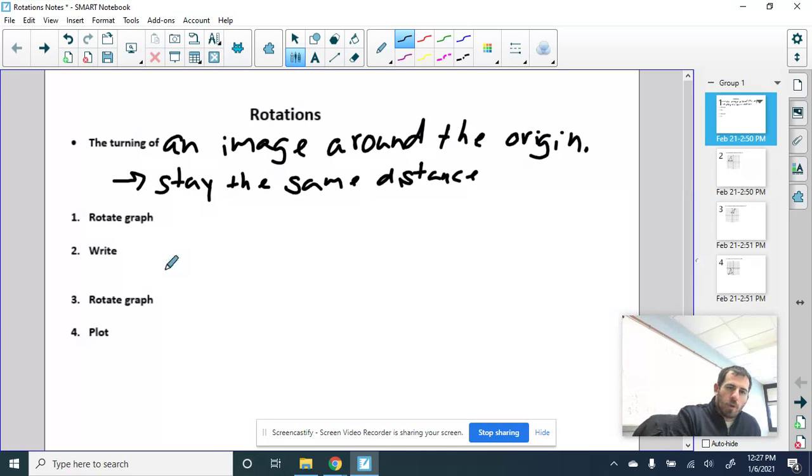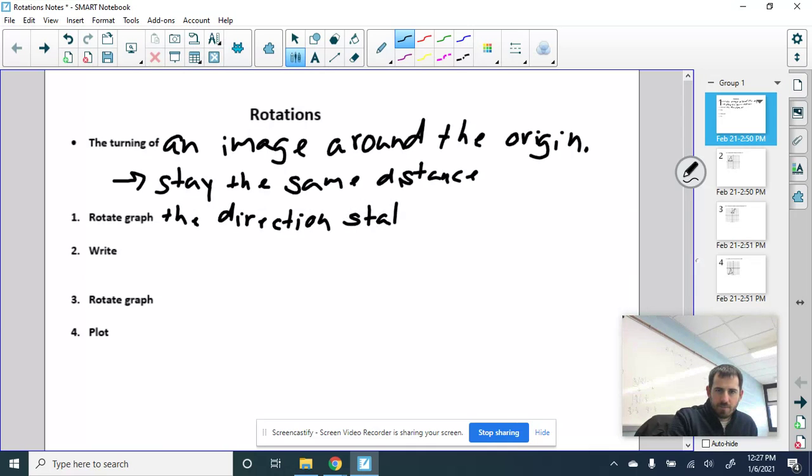So step 1 is to rotate the graph in the direction stated. So if it says rotate 90 degrees clockwise, you will turn your page.